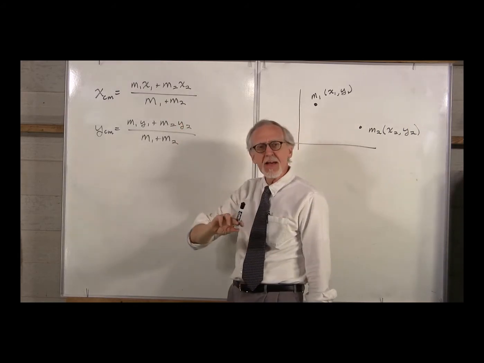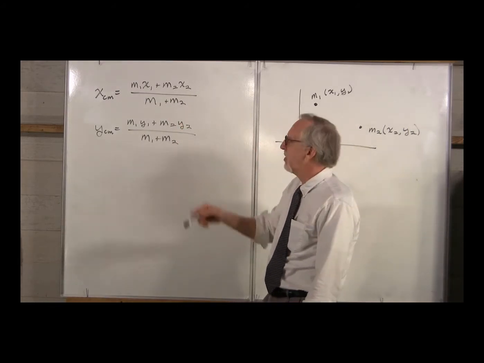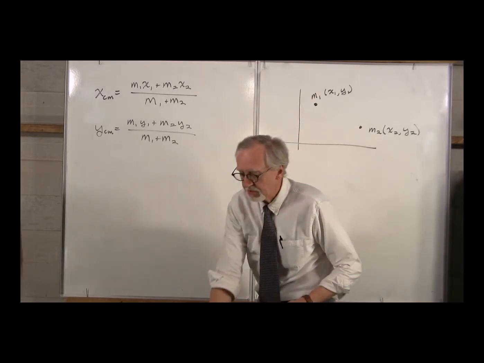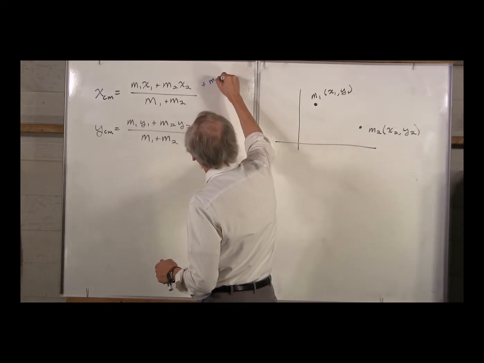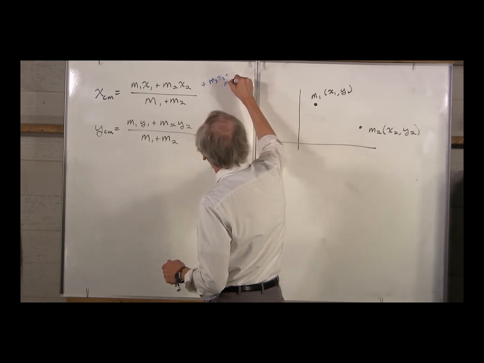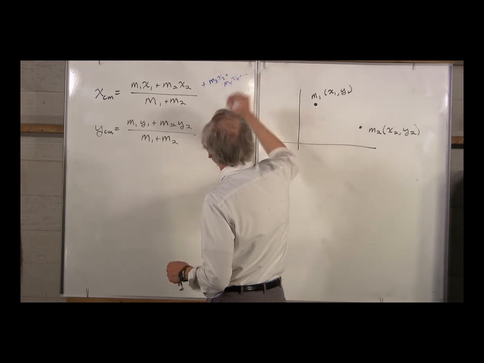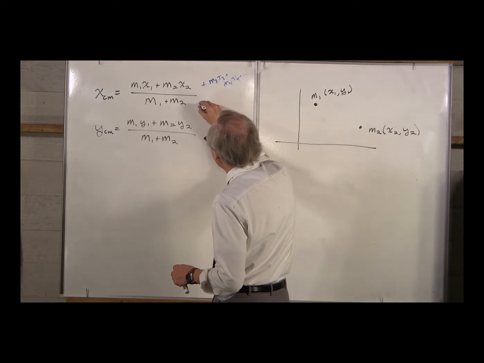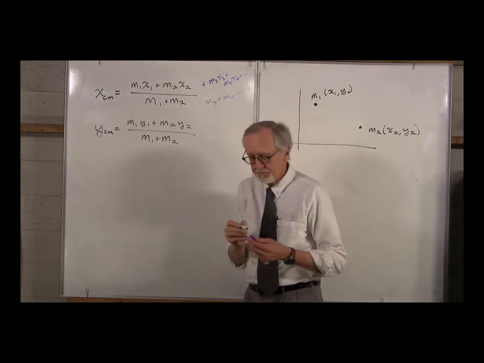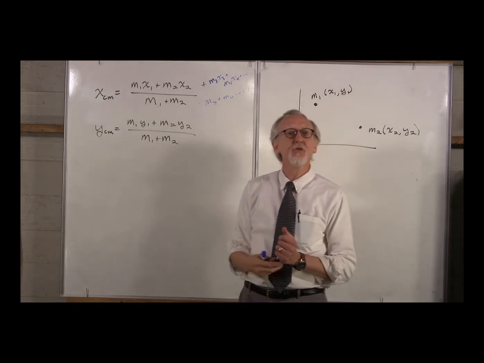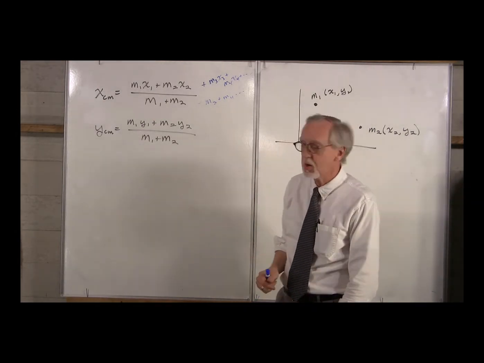If you had more masses like m3, m4, m5, then you just increase this in the numerator with plus m3x3 plus m4x4 plus etc., and then in the denominator plus m3 plus m4, etc. So you can extend this to more masses than just 2 if you want to.